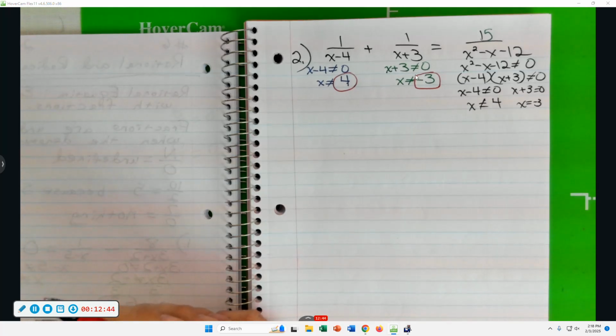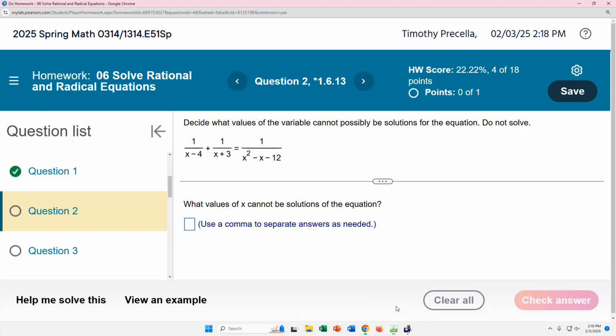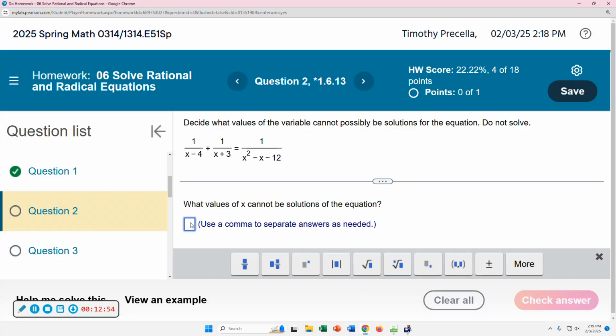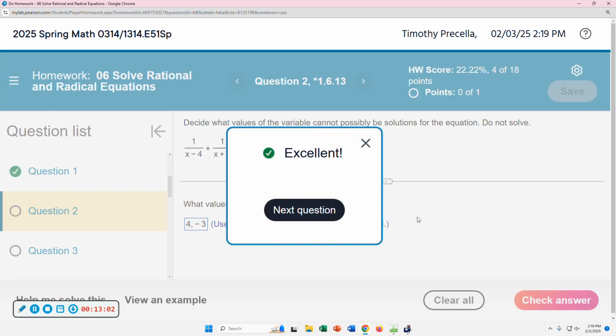If these turned out to be the answers, you've got to mark them out. Oh, those are easy to type in. No fraction. So let's see. 4 and negative 3. Check it. Okay. Any questions there?